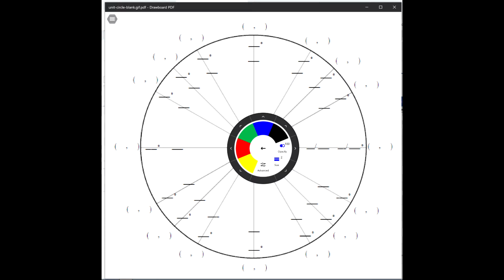For example, we have 0 pi, and then it goes to pi over 6, and then pi over 4, and then pi over 3, and then pi over 2, and then we have 2 pi over 3, 3 pi over 4, and so on. Okay, so I'll show you the easiest way to remember it.